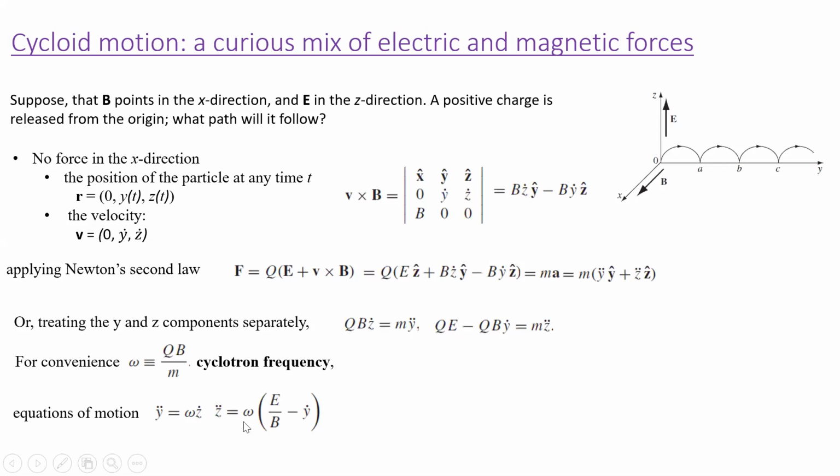We have to multiply QB over M by E over B to get QE over M. Okay, so you might want to look at this equation here and this equation here and verify that they are the same equation with this definition.